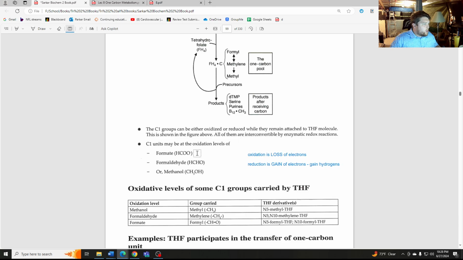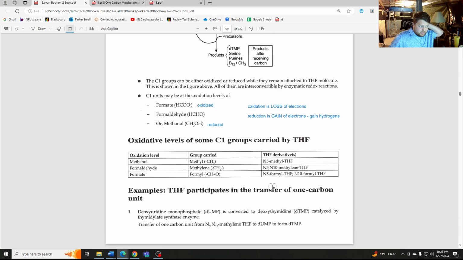So our formate is oxidized, and the methanol is going to be reduced, compared to formaldehyde. We look at the number of hydrogens: take away hydrogens, we're taking away electrons, it's being oxidized. Adding more electrons, adding more hydrogens, we are reducing it.